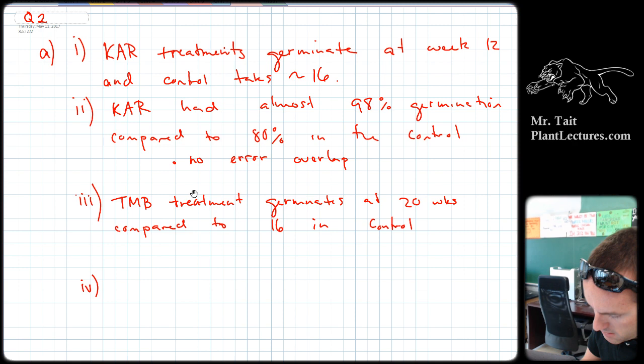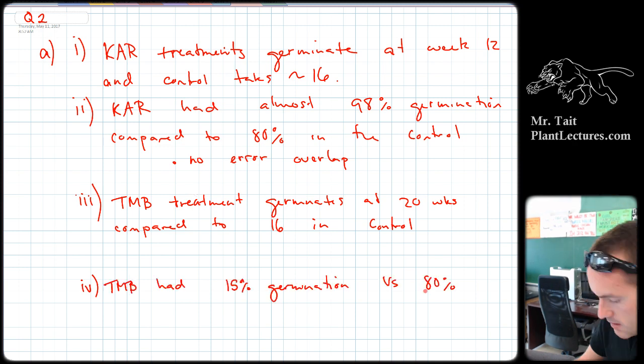Germination versus 80% in control. 15%, something like that. Yeah, something like that. Okay?